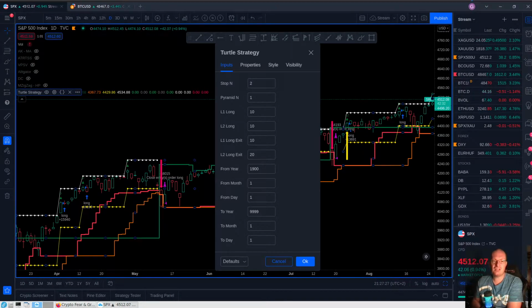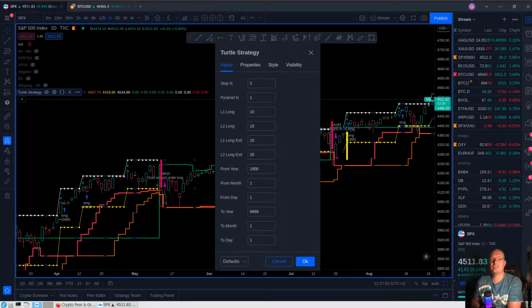If that is the case, then you enter another long position, and that's how they continue. So here L1 is your initial buy signal, and then L2 long is the period you would look for to add to your trade. So normally this is 55.